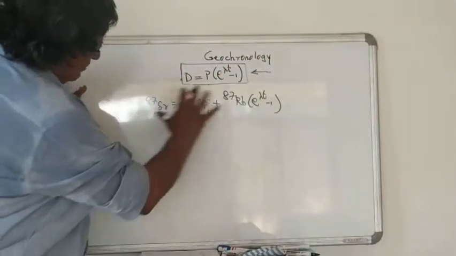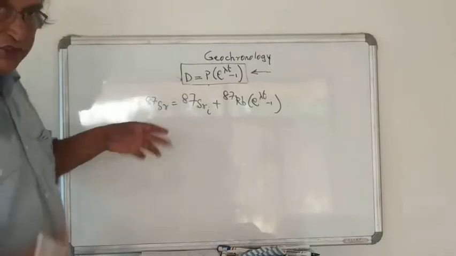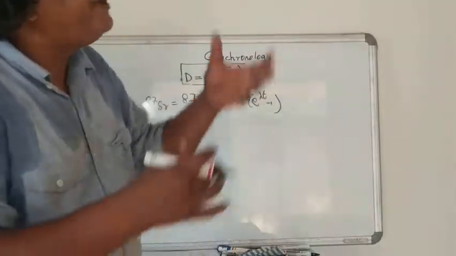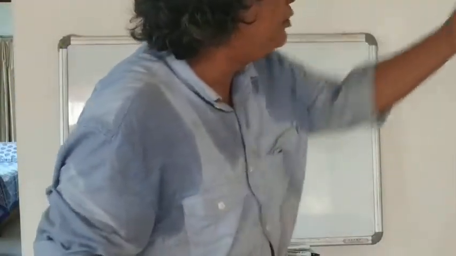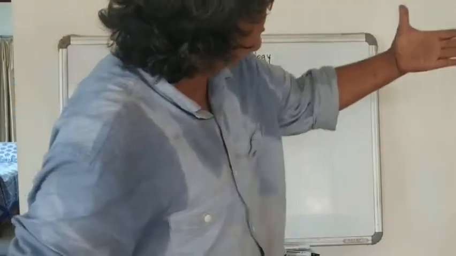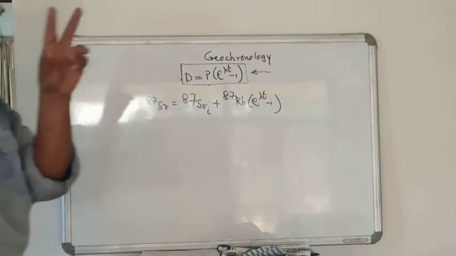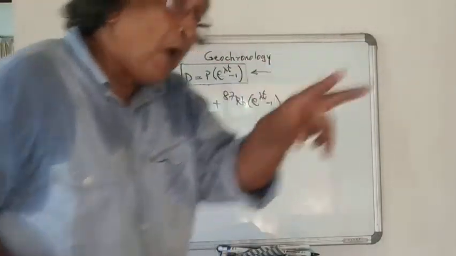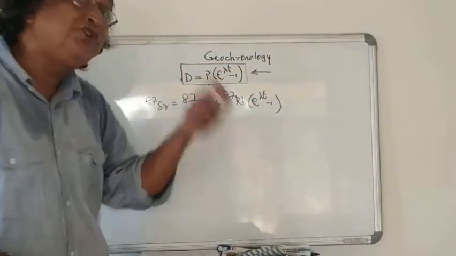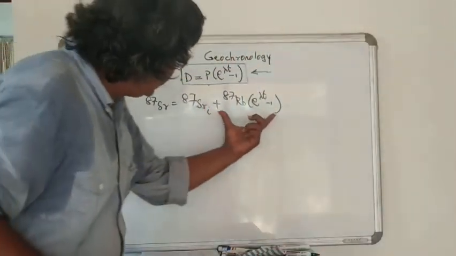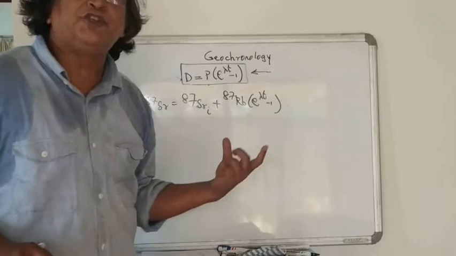So we have this equation. Today, for example, you take a rock, put it in an instrument and you measure 87 strontium. This is the value that you get. But it has two components. One component is the 87 strontium it inherited during growth, and another is the part of 87 strontium which it inherited through radioactive decay of its parent 87 rubidium.